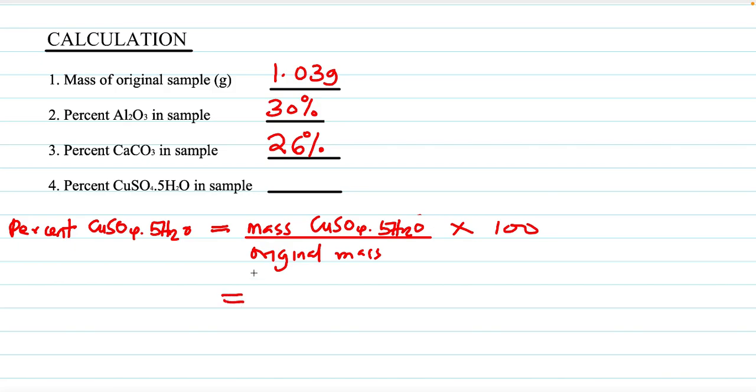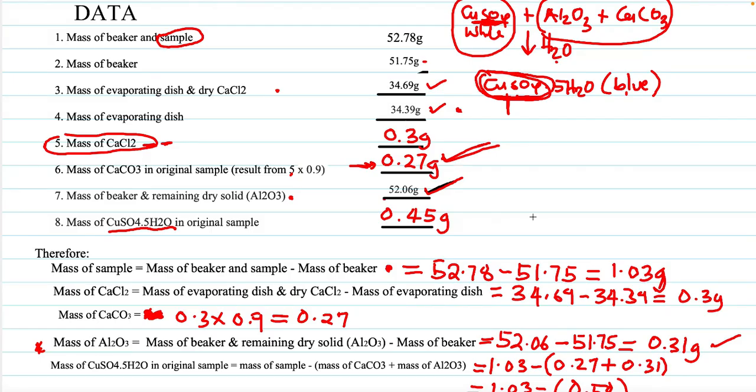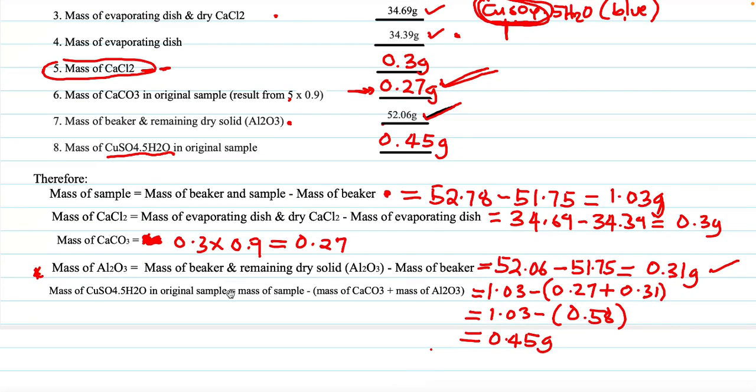Now, what is the mass of copper sulfate that we got? The mass of copper sulfate that we got was 0.45, this guy. All right.